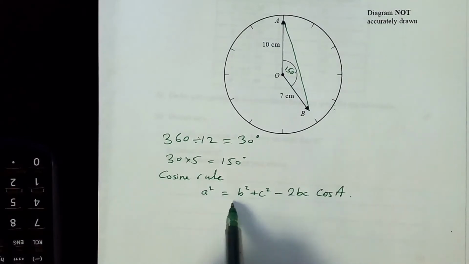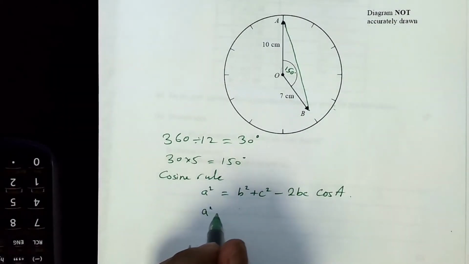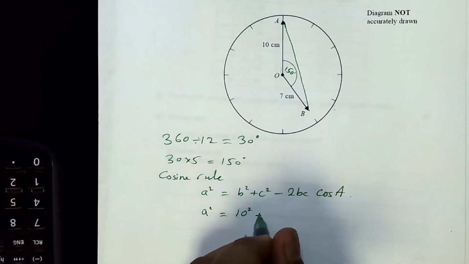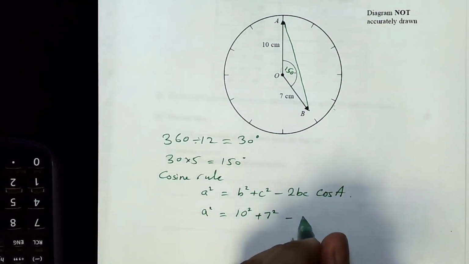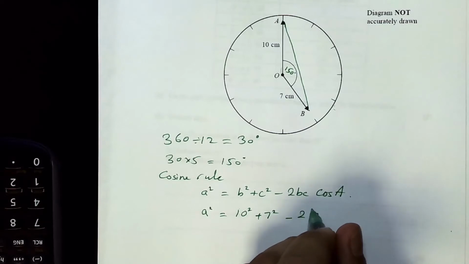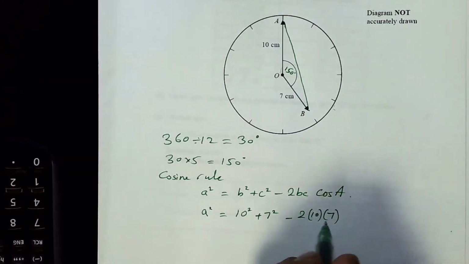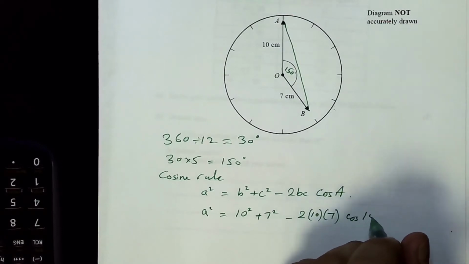Now I'm substituting the values in: a squared is equal to 10 squared plus 7 squared minus 2 times 10 times 7 times cos 150.